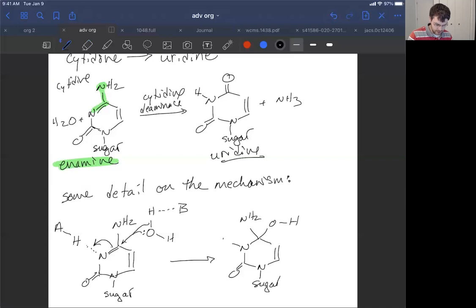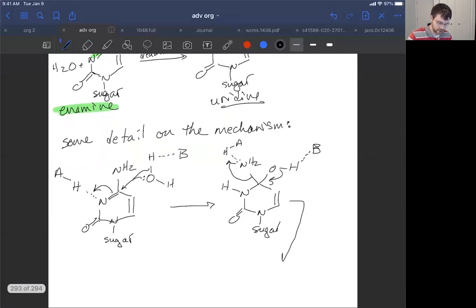Because at the end of the day, that hydrogen falls off of the O, giving us just an OH, and the other hydrogen gets added on to the N. Then we can hydrogen bond to some sort of acidic hydrogen and have some base come in and hydrogen bond and tug off this hydrogen. So we go here to here.